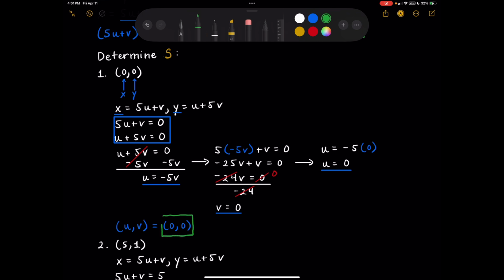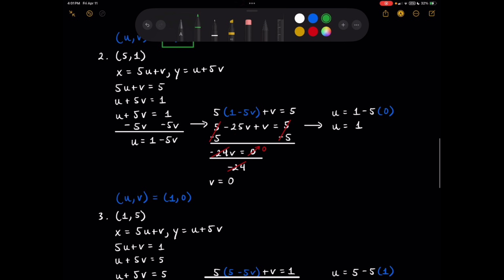So we'll put a green box around that. Okay, and then we have to do that for our other 2 points too. (5, 1) is our next point, and I did the same thing, right? Plug x equals 5, y equals 1 in here, get this system of 2 equations and 2 unknowns, and use whatever method you're most comfortable with.